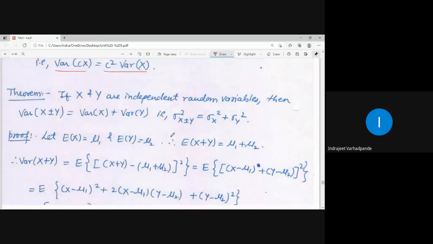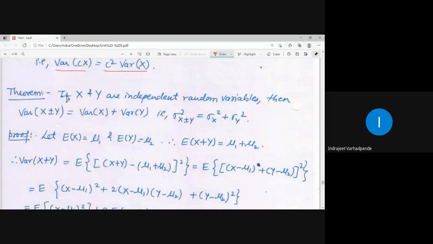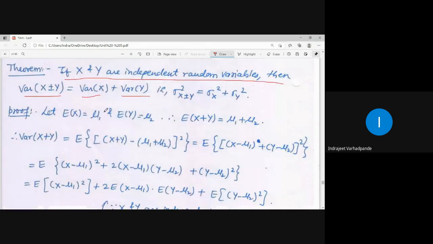C square. The next theorem is, if x and y are independent random variables, then var of x plus minus y is var x plus var y. This means that whether you take the variance of the sum of two random variables or the difference of two random variables, it will be the addition of the individual variances.